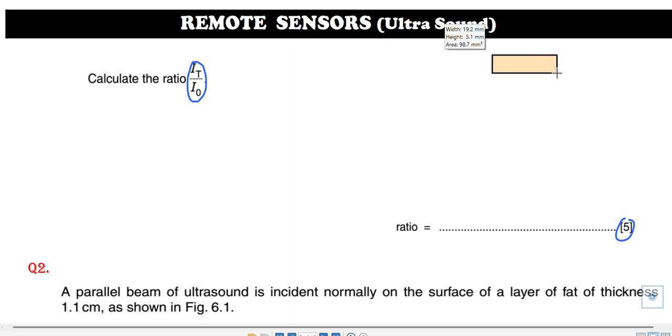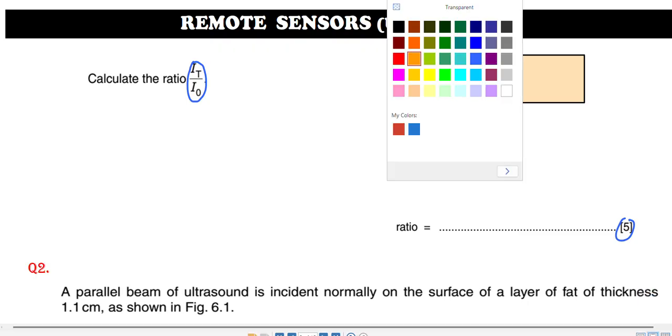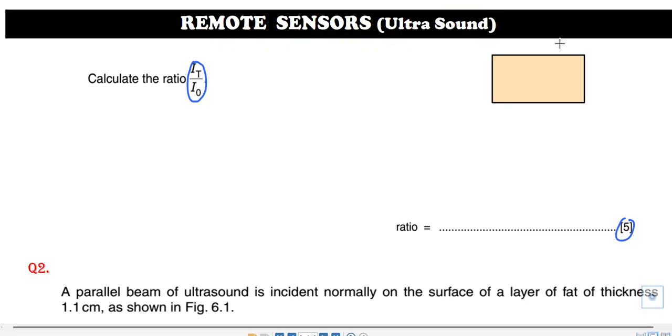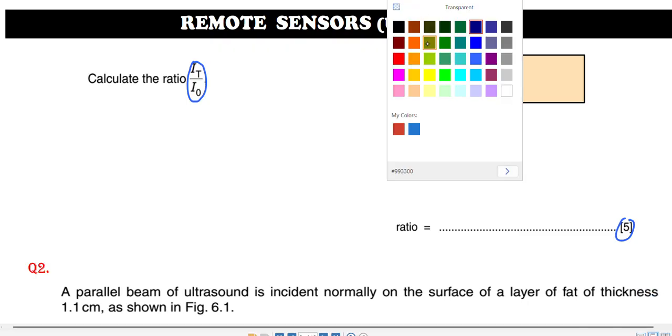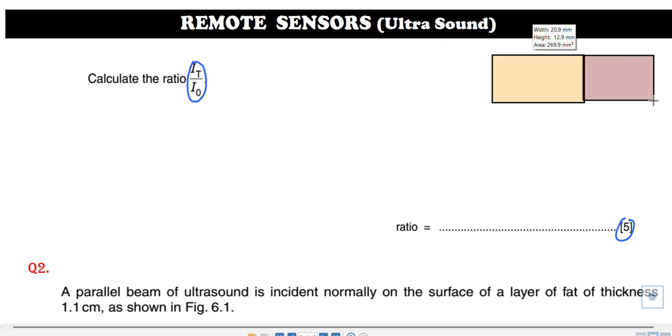Here I'm going to draw this diagram simply because I have to perform some calculations as well. Okay, so that is why. Let's say this is the medium change takes place here.